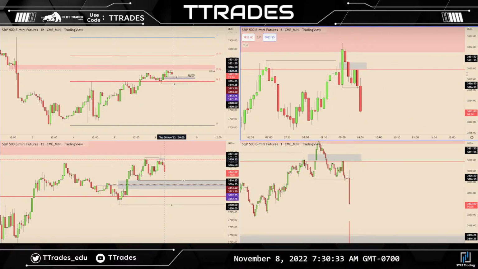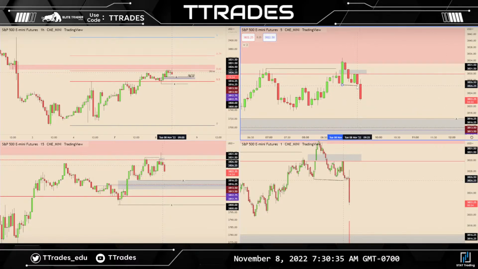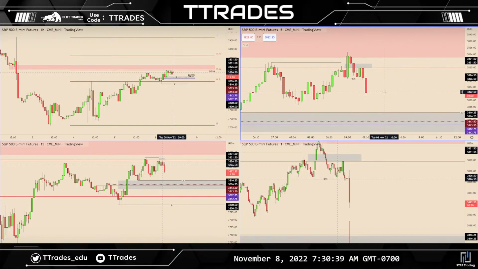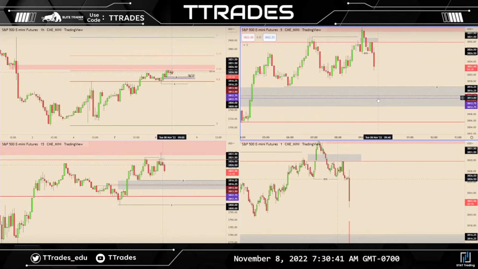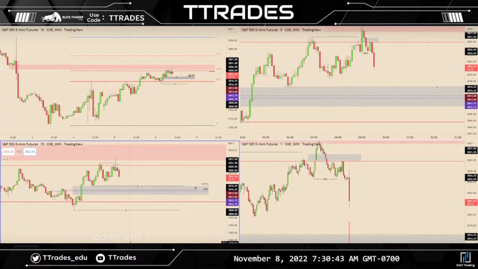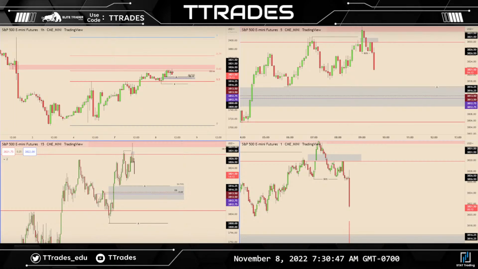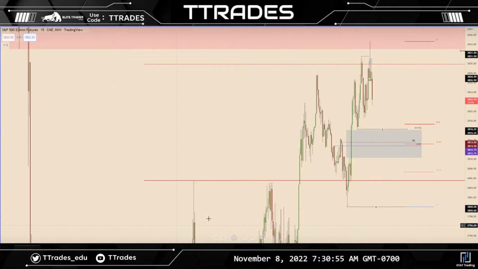So that is our breakout structure now. Aggressively going lower. Where are we targeting on this? Well, we went over it at the beginning of the stream. I want to reach down into here, which is also, just drawing it out here, see how that lines up right with the OTE there? So give me 1 second.